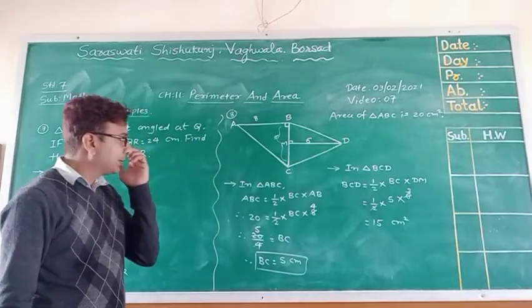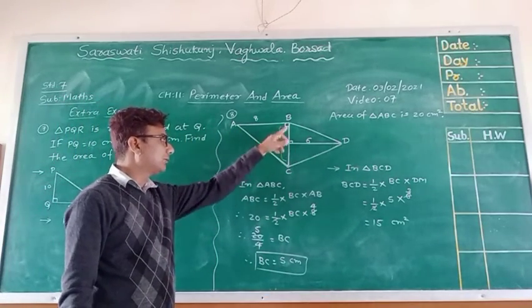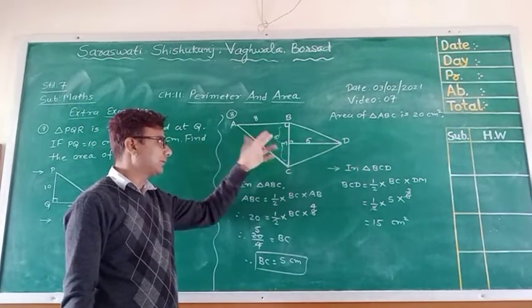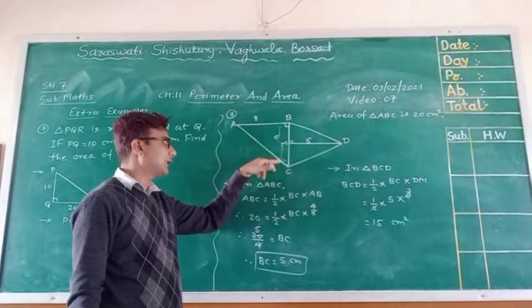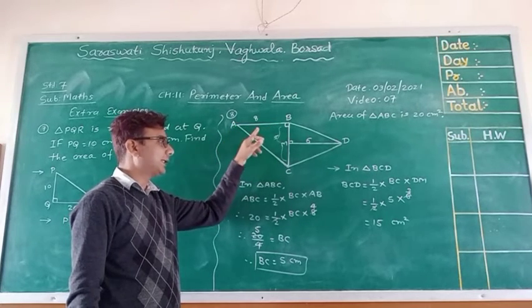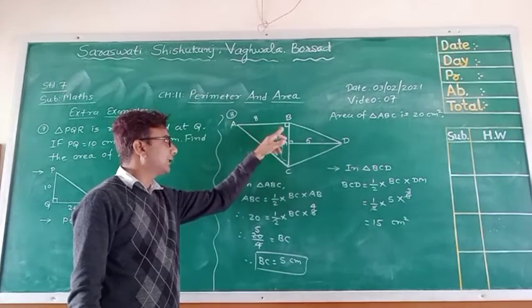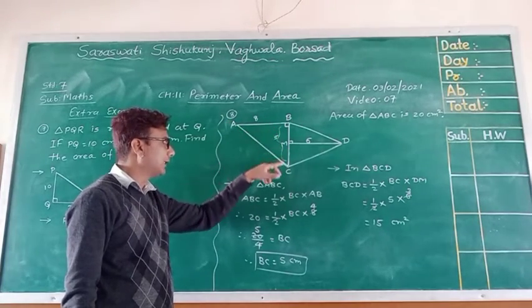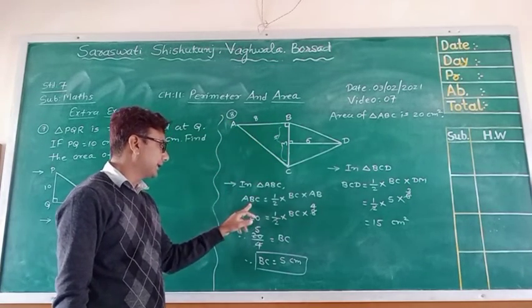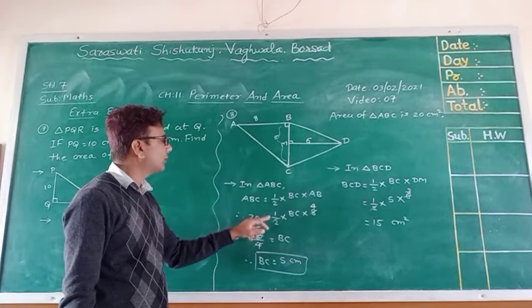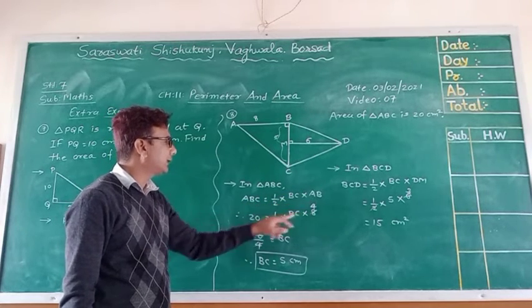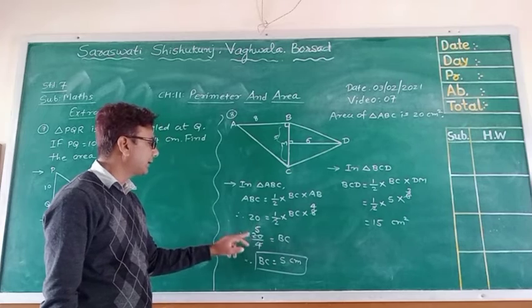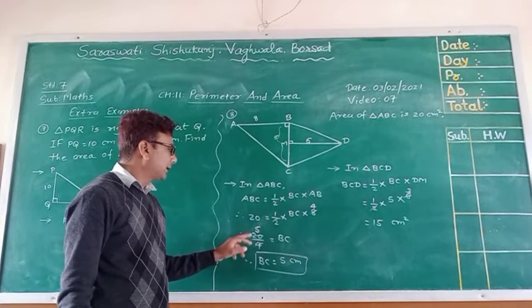Once again I repeat. First we want to find this side measurement, but the area of this triangle ABC is given. So first we will take this triangle. Area ABC equals 1/2 base multiplied by height. Area already given, 20 equals 1/2 BC into AB, which is 8. 2 fours are 8, 4 goes down, 20 by 4 is 5.